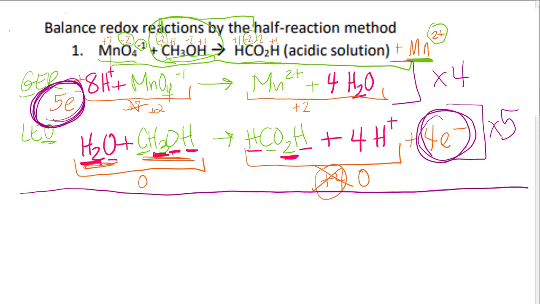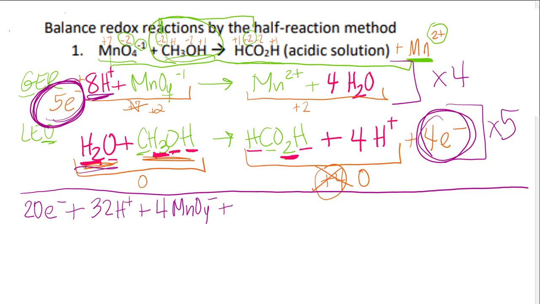So our 5 electrons, 5 times 4 would be 20 electrons. Plus my 8 hydrogens times 4, 32. 1 MnO4 times 4 be 4 MnO4s.